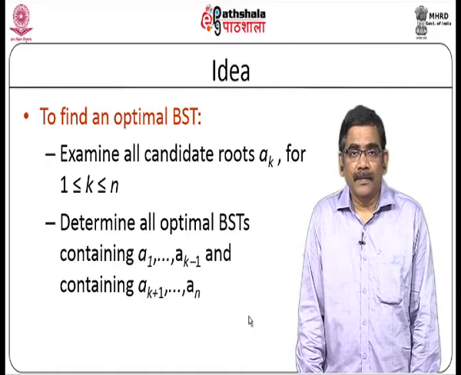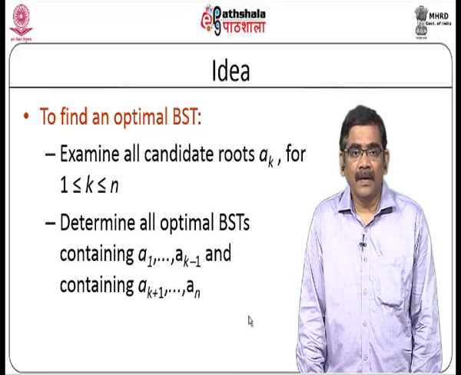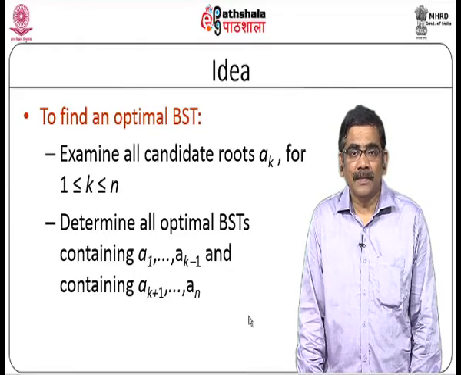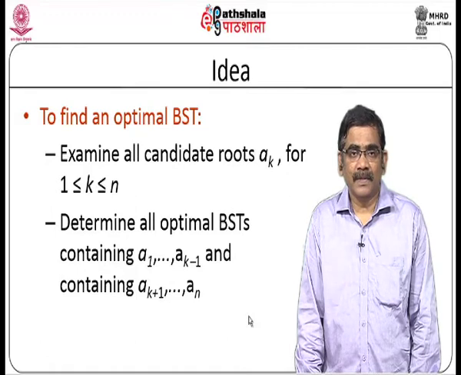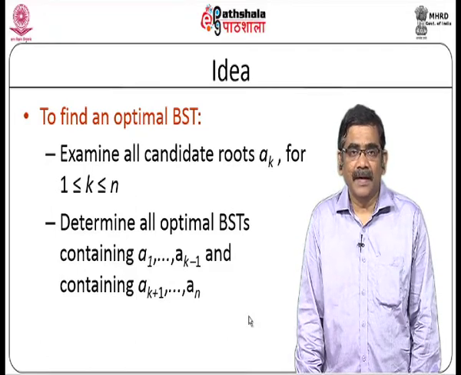Now, we are going to determine all optimal BSTs for A 1 to A k minus 1 and all elements from A k plus 1 to A n. You can see exactly what is happening here. As I said earlier, the problem is divided into two subproblems.